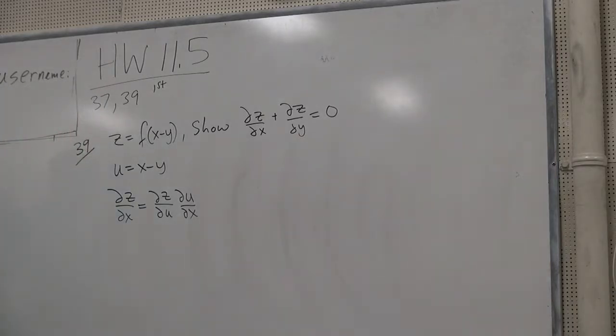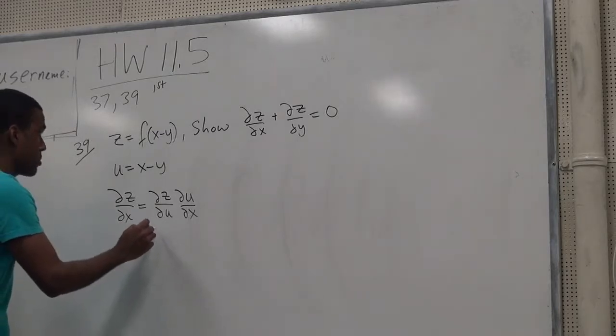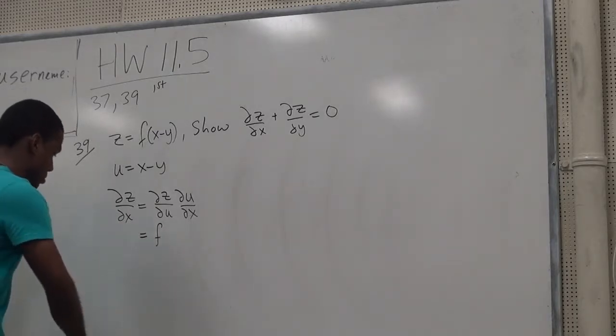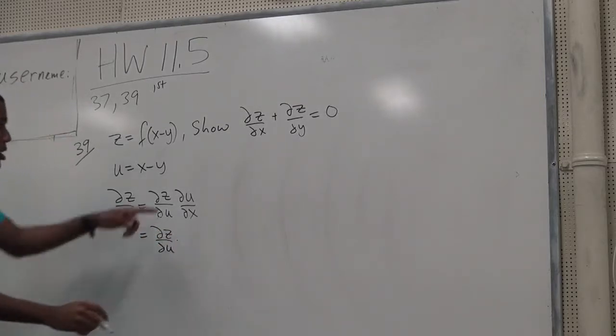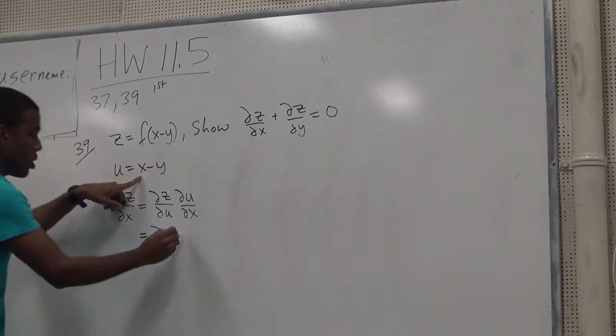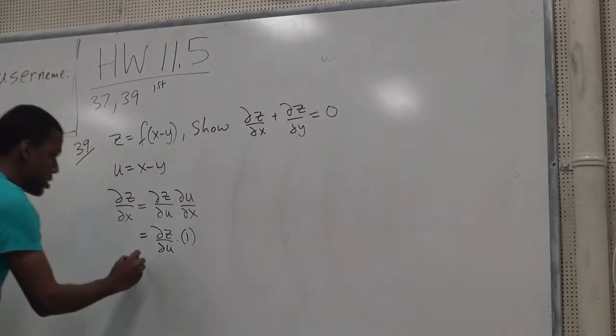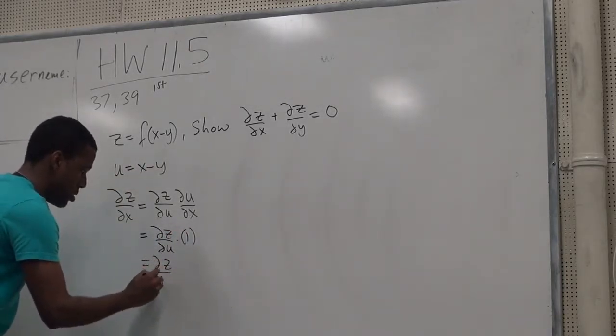Or something like that, if you want to use that formulation, if you insist, but it's not completely necessary. So that would just be partial z, partial u, and partial u with respect to x is just 1. Right, okay. So this is just partial of z with respect to u.